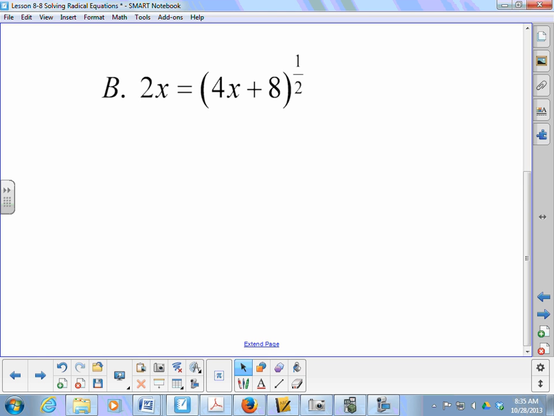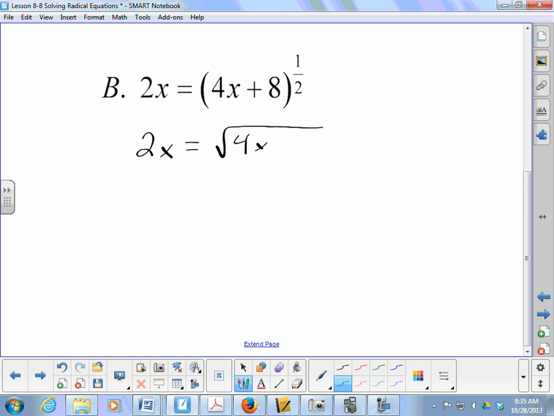So if you don't like having to deal with a fractional exponent, you don't like what it looks like, then change it. I could rewrite that as the square root of 4x plus 8. That makes more sense to start with. Then go ahead and do that. Because now, what's my index again? 2.